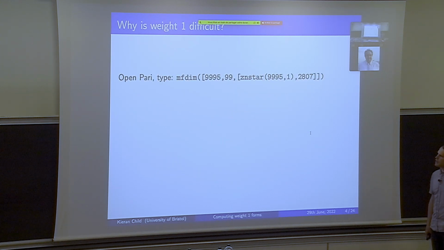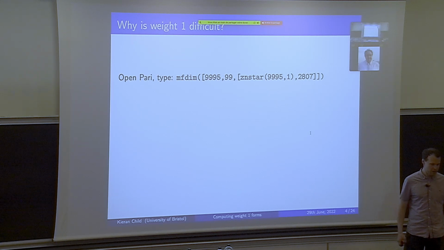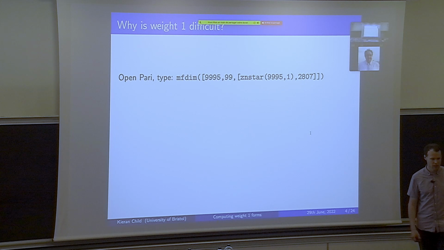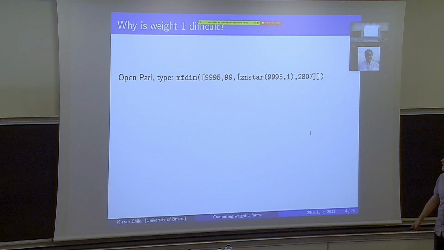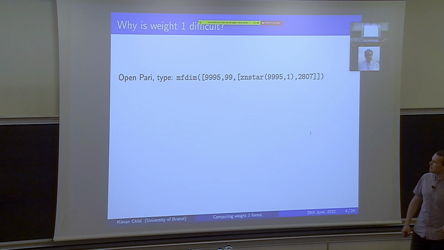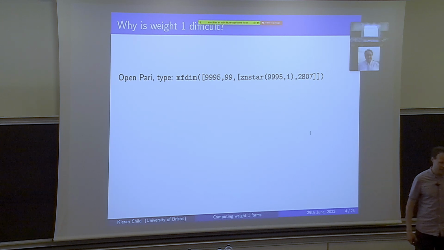So I've hopefully convinced you that an efficient way of doing this computation is useful. But what's the problem here? Why exactly, when you read texts on modular forms, do they always treat weight 1 as a bit of a side note? As an example, on your laptops here, if you bring up GP and type this in, it will probably tell you the answer before I can finish this sentence.